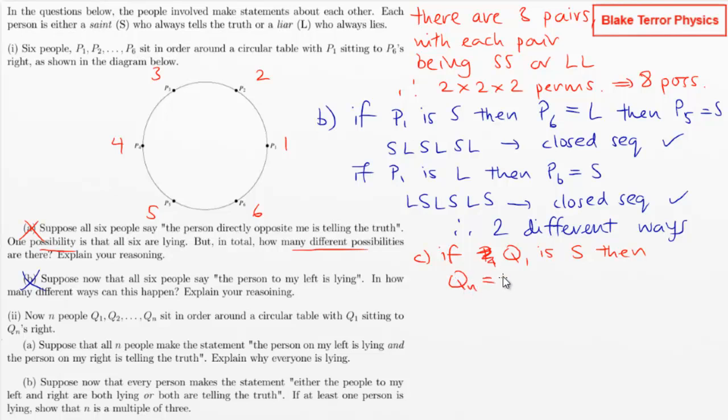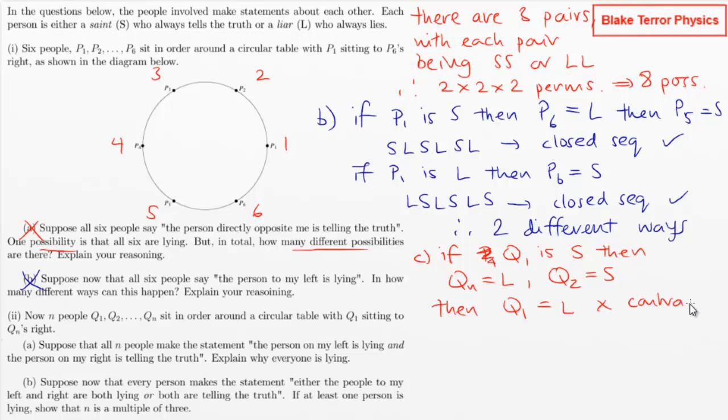So that's QN is lying. Person to the right is telling the truth. Q2 is an S. Then what would happen then? So Q2 would be saying that Q1 is L.